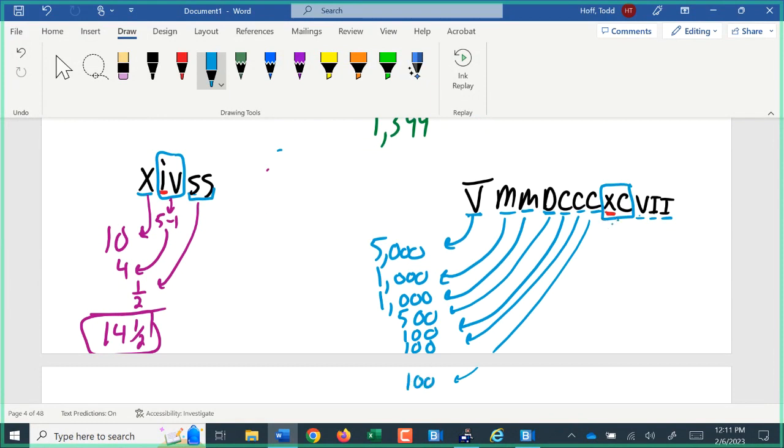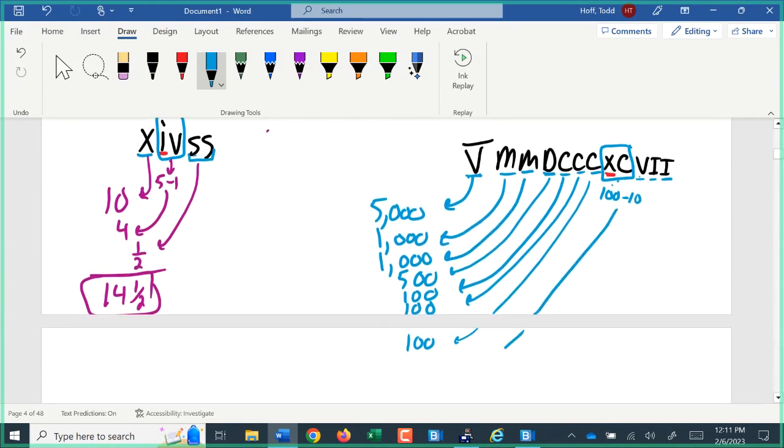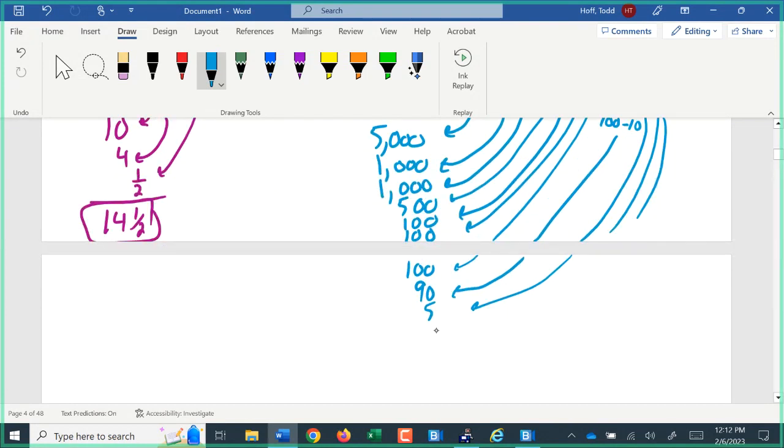XC is 10 from 100, 100 minus 10, which is 90. And V, 5. And I is 1, and another I is another 1. So we add those up, we have 7, 9, 8, 7. 7,897.